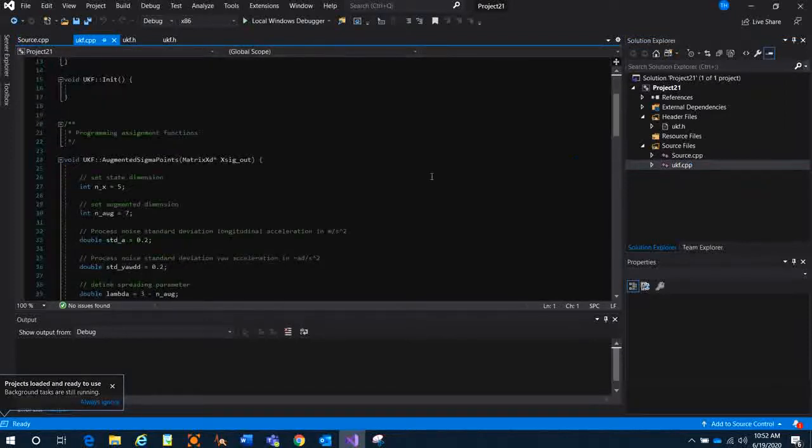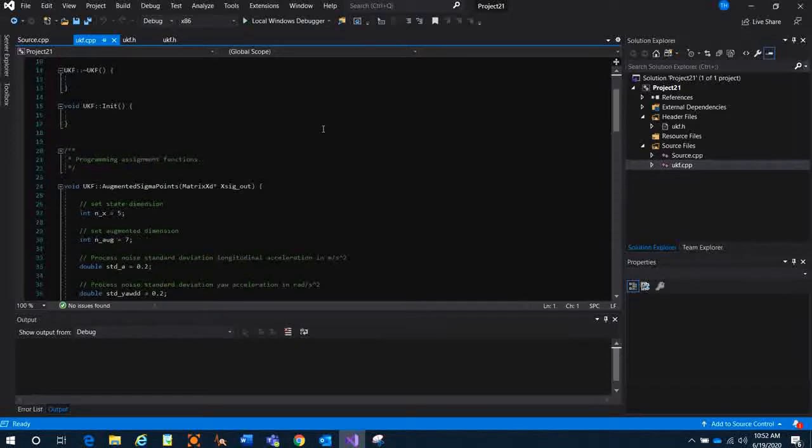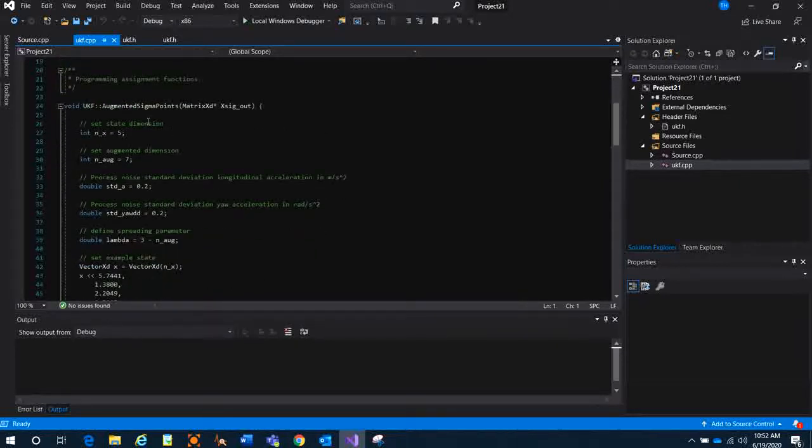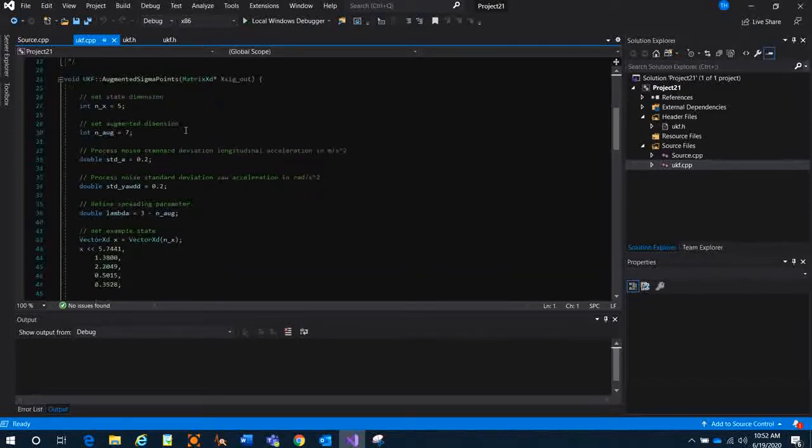Last time we learned how to generate the sigma points. Right now we start with generating sigma points, including the process noise inside, right? Right here we create the augmented sigma points. The same thing, but the name is a little bit different. Augmented sigma points have to include the process noise inside.